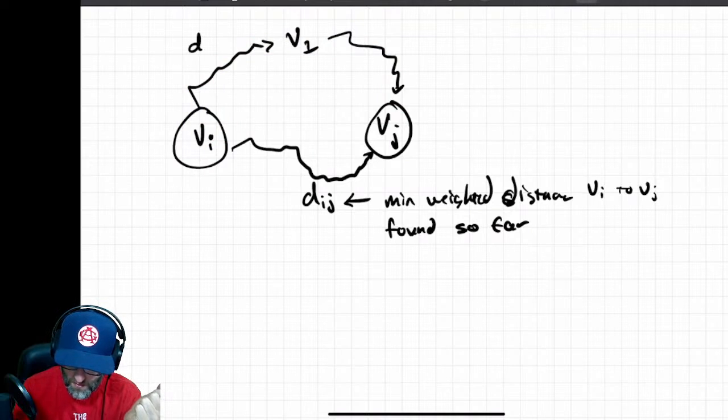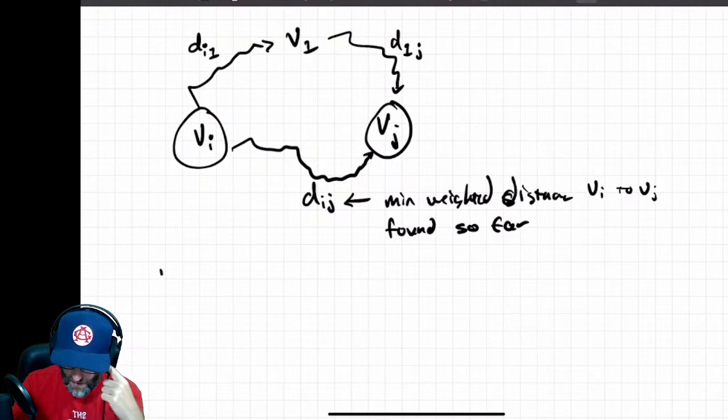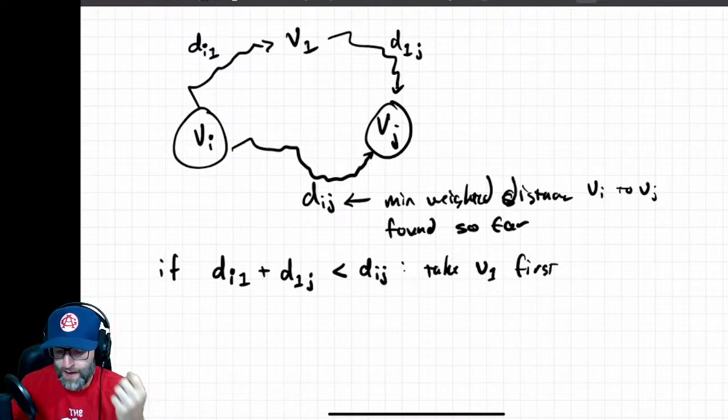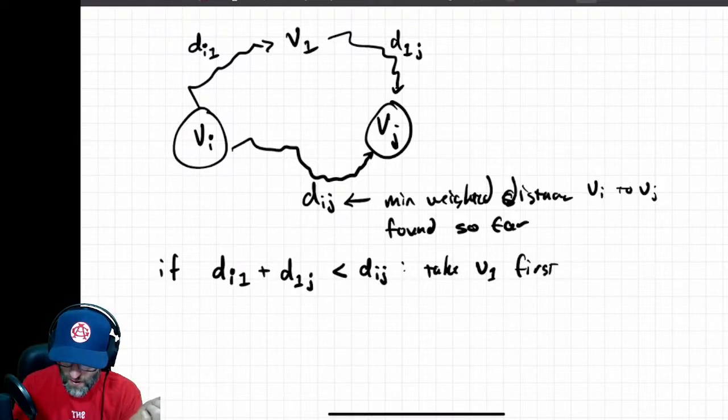I'll write those down. d sub i1, and then this is d sub 1j. So I have a decision to make here. If the distance from going from i to vertex 1 plus the distance to go from vertex 1 over to vertex j is less than what I've found so far, then I need to take V1 first.